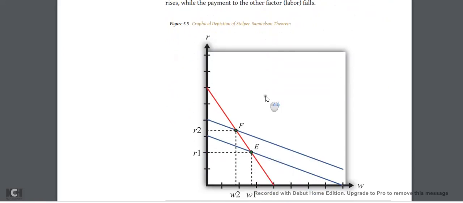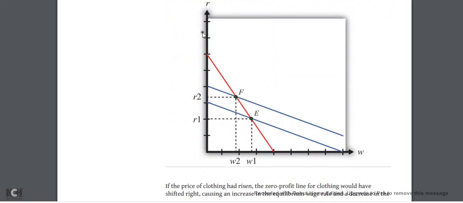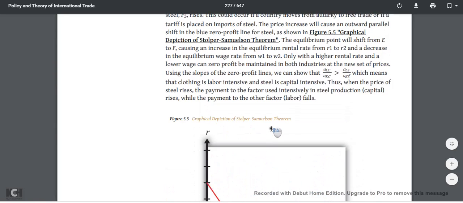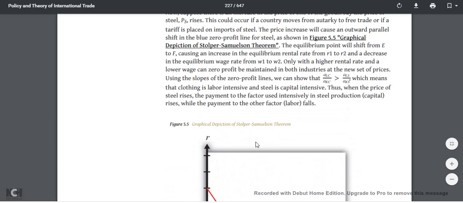So we'll take the same graph, and we see that the production of steel has increased. The blue line represents the production of steel. Now imagine the production of steel has increased from the blue line here to the next line above. Let us understand, if a country takes up the production of steel more when compared to earlier.